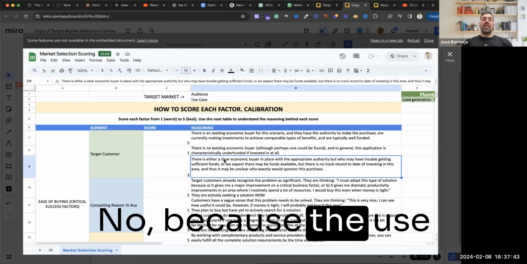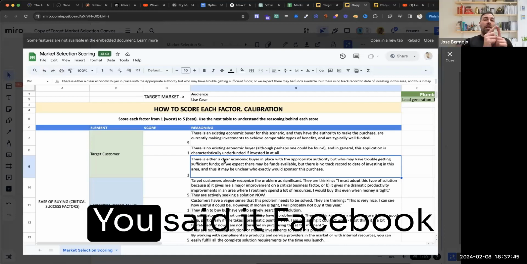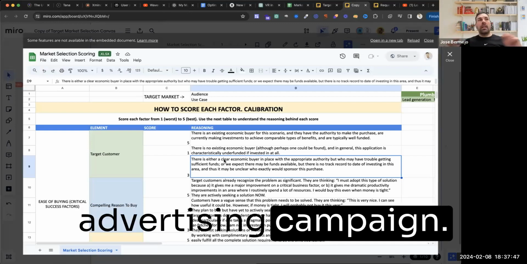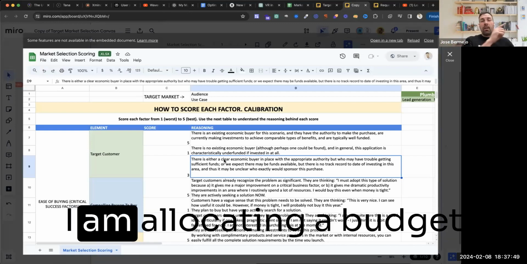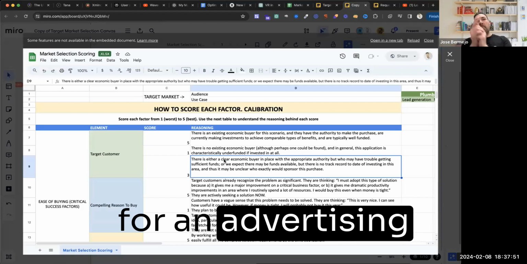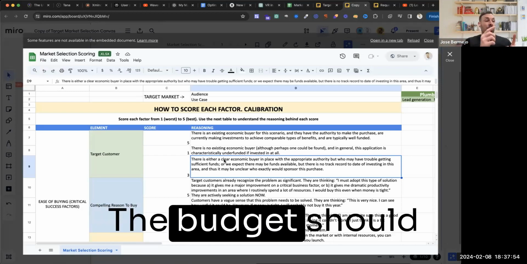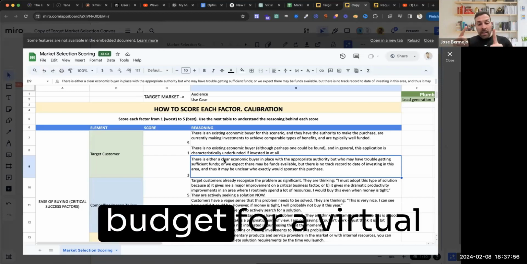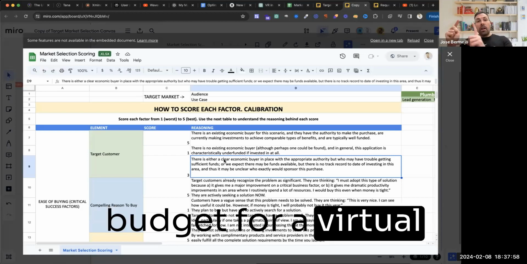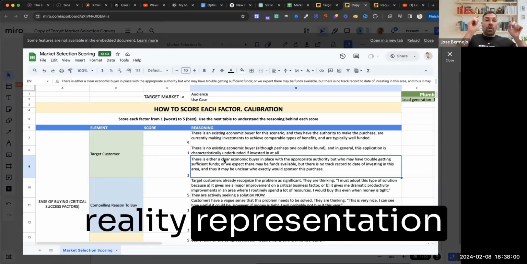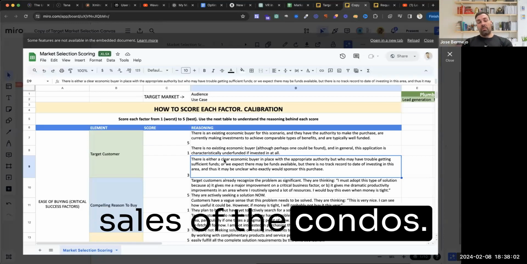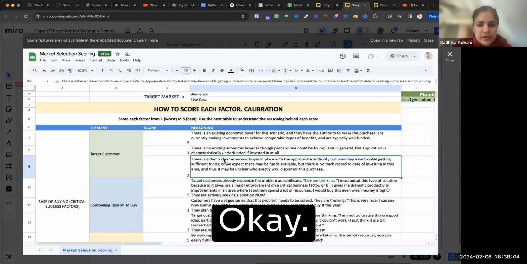No, because the use case is not the same. The use case there is allocating a budget for an advertising campaign on Facebook. The budget should be for a virtual reality representation to boost the sales of the condos. Okay, I get it.